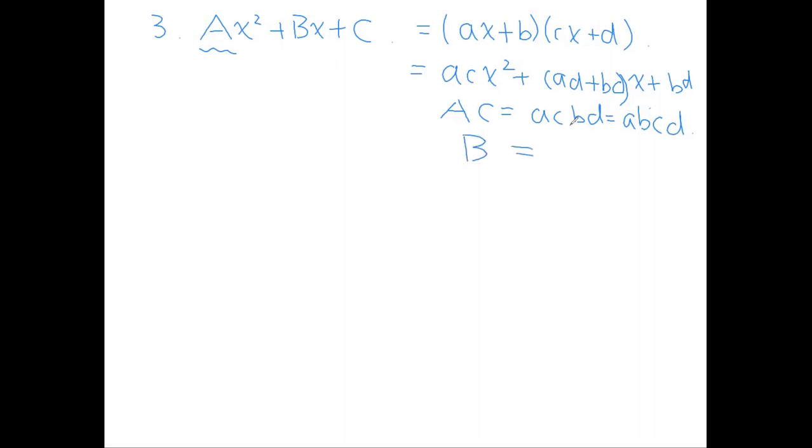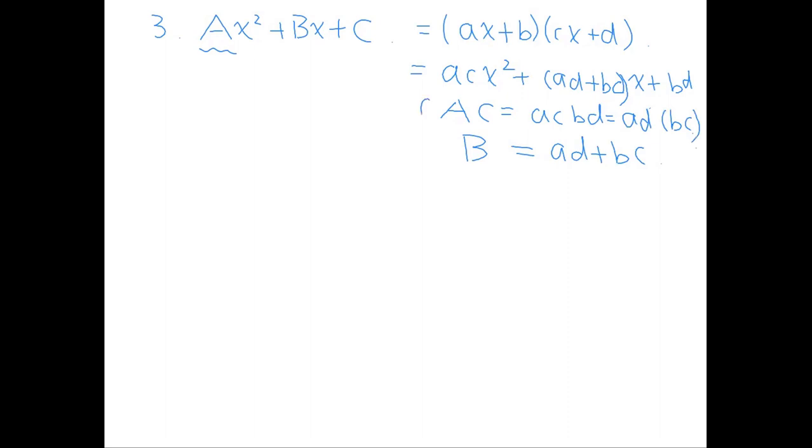You have B equals AD plus BC. Okay, let me rewrite this, the big A times C. You will see what's going on here. So actually it is AD times BC, right?